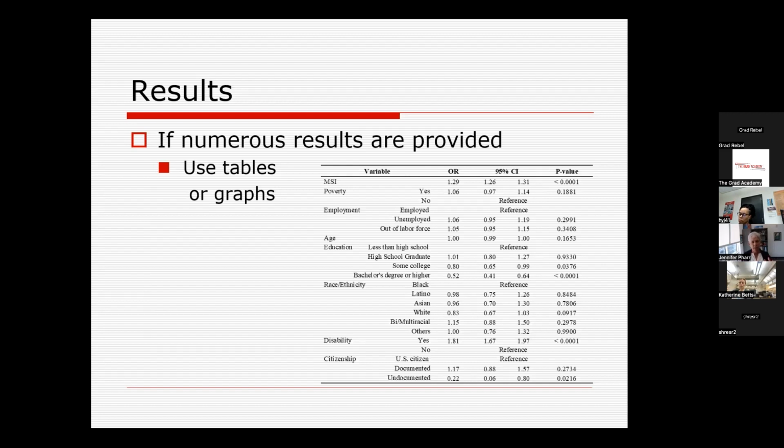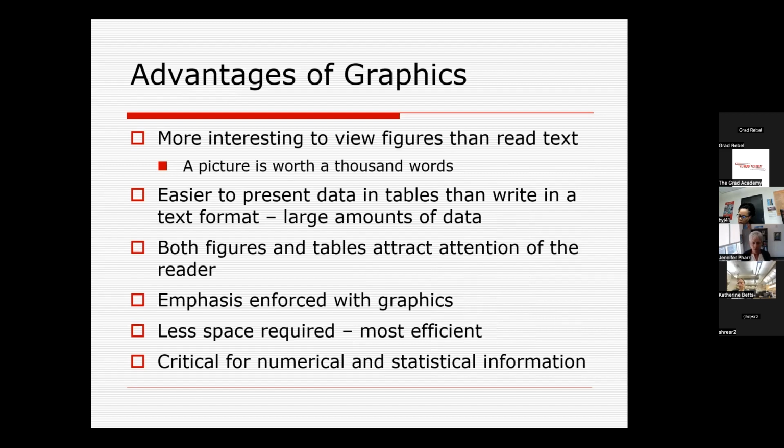Because if you try to write out all of the information that's in this table on this slide, it would be pages and pages and pages worth of text, and the reader would just get lost in that. They wouldn't be able to discern what is important or what is significant, what you really want them to take away from your paper.